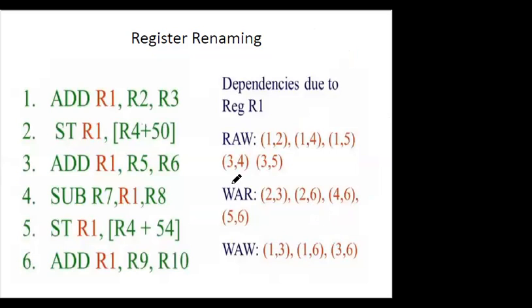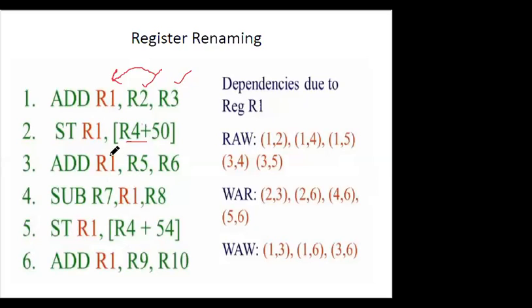Observing this code, we have add, where we get the values of R2 and R3, add them, and store that result into the register R1. Then store R1 to some address location. Then R1 has to be added with R5 and R6.